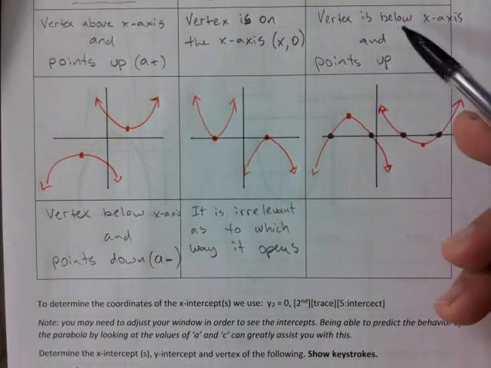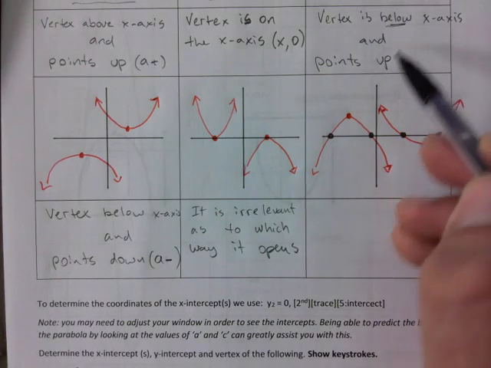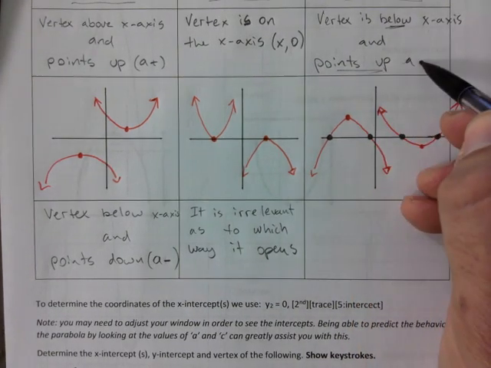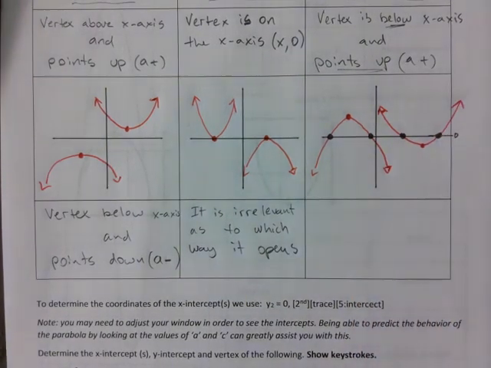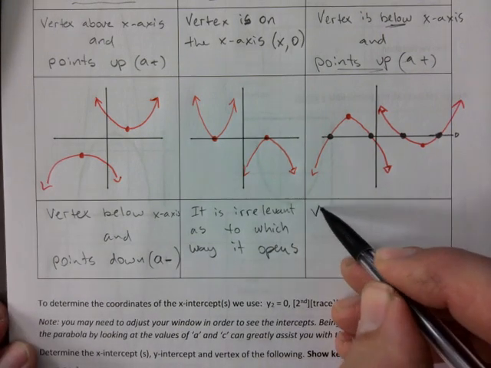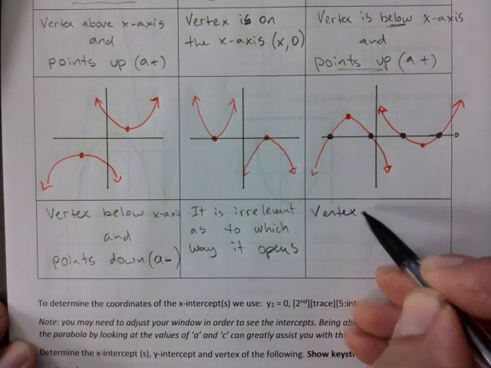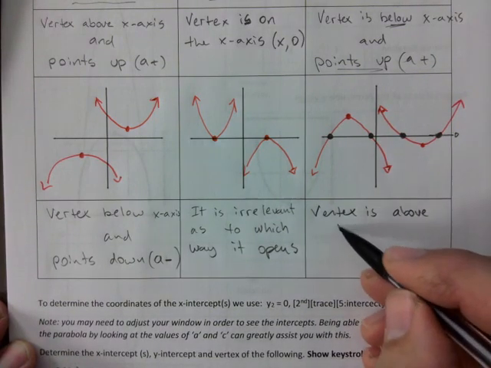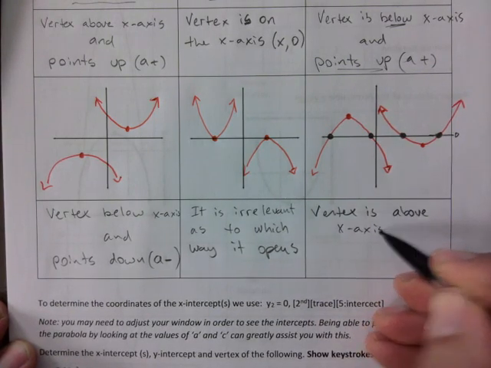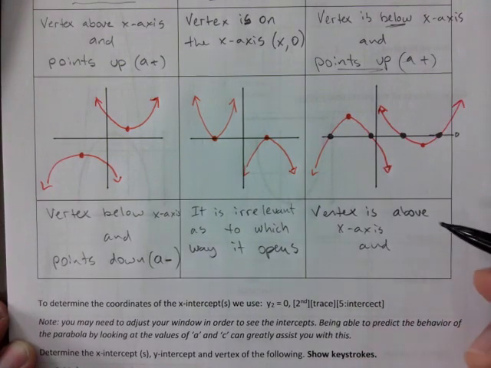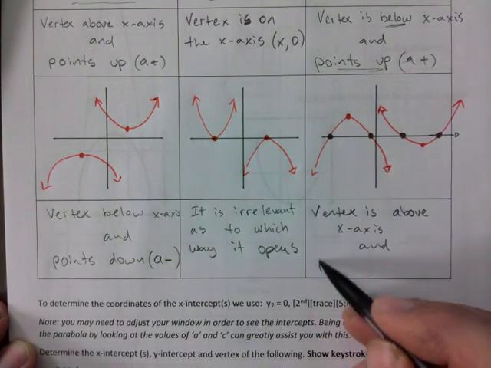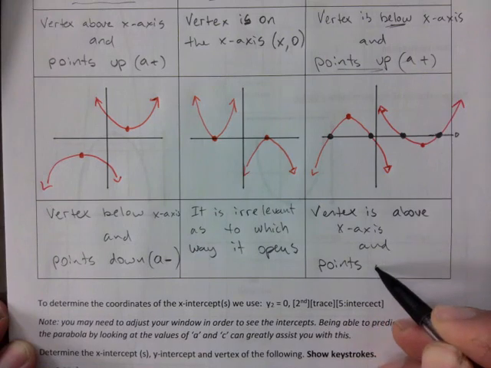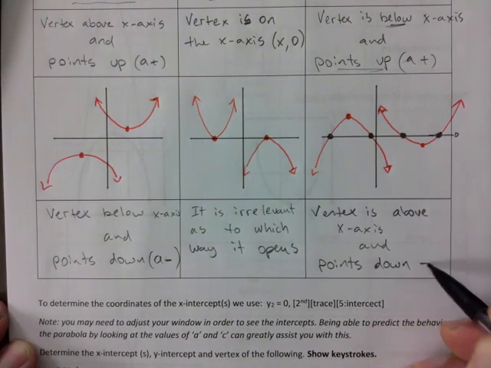So that would be one scenario. The vertex is below and the A is positive, right? Or the vertex is above the x-axis, and so if it's above, then you would have to be pointing down. A is negative.